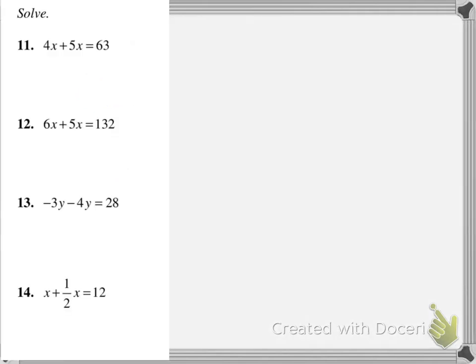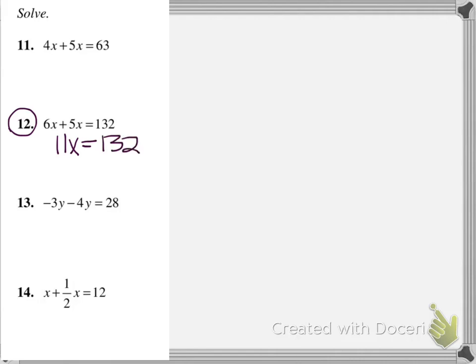So now here's some equations that we might have to do some simplifying first. All 4 of these equations are very similar in that they can be simplified on the left side because I have some like terms. So if I look at, let's say, number 12, 6x and 5x, those can both be combined because they're both like terms into 11x.